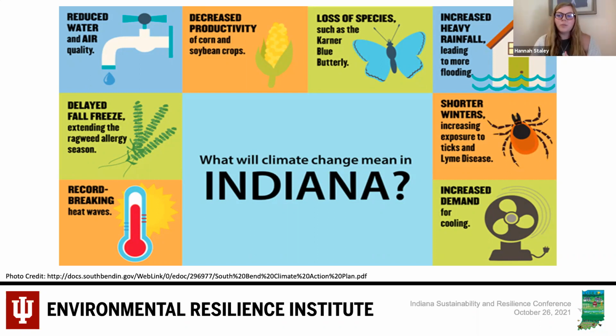And just some numbers to throw at you guys. Right now they're experiencing about 24 of these high heat days and nights. And in 2050, they could experience between 66 to 79 high heat days and nights. And I don't know about you, but I do not want to walk outside that much. It already feels super, super hot out. And then also spring and winter precipitation is supposed to increase, with an increase of 13 to 20% across the state.